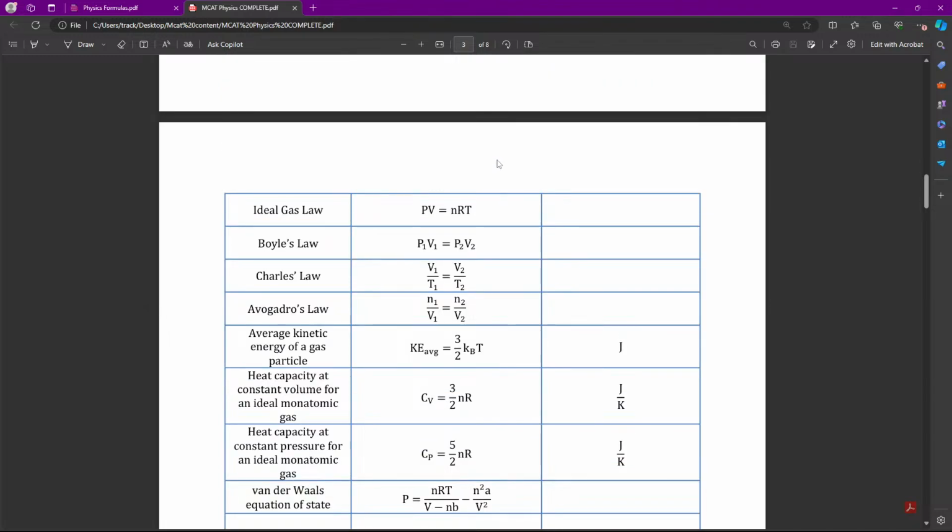Avogadro's law is n1 over V1 is equal to n2 over V2. Average kinetic energy of gas is 3/2 kBT. Heat capacity is CV equals 3/2 nR. Heat capacity CP is equal to 5/2 nR.